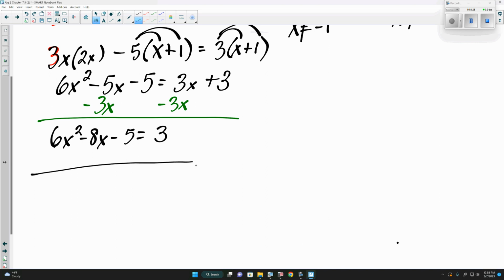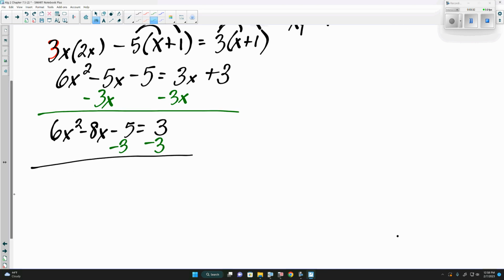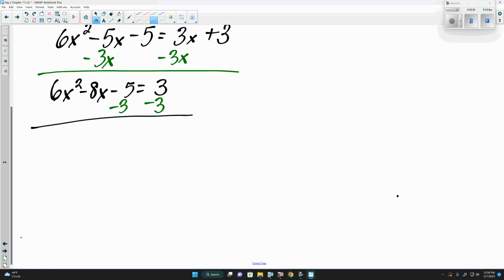And then we would subtract 3 from both sides, which gives us 6x squared minus 8x minus 8 is equal to 0. Because again, we're trying to get it equal to 0 so that we can solve from there.